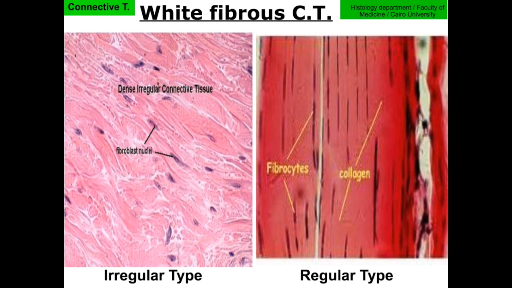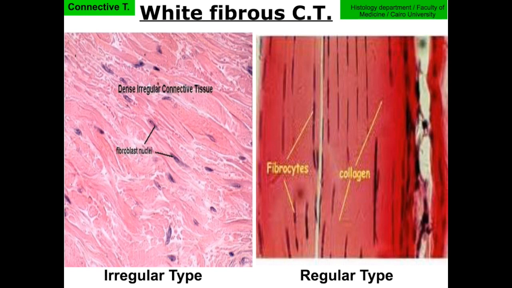We have said before that we have a loose connective tissue in the dermis, and this type is also present in the dermis. How come? The loose is present in the superficial layer of the dermis, in an area called the papillary layer of the dermis.